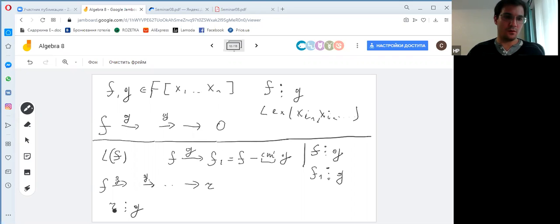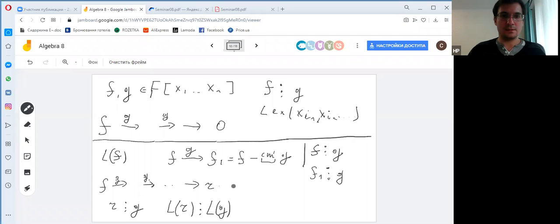But if this remainder is divisible by g, then of course this is not a remainder, because what can I say about the leading term of this remainder? Of course, it is divisible by the leading term of g. And since it is divisible by the leading term of g, then I can reduce it by g.